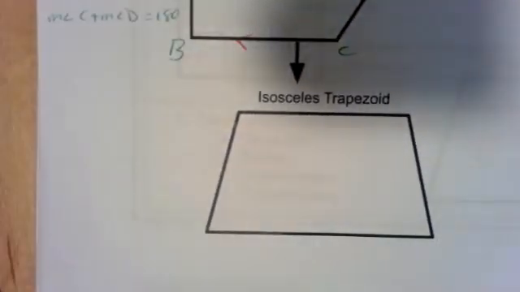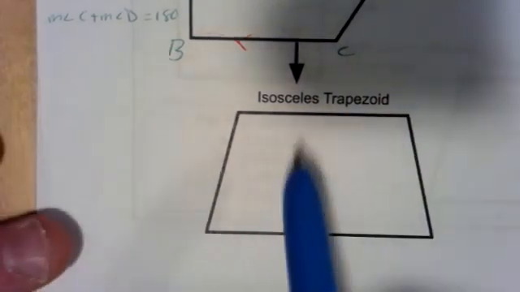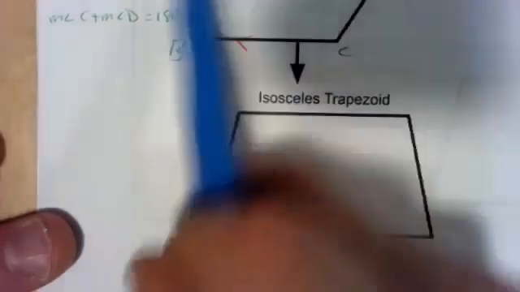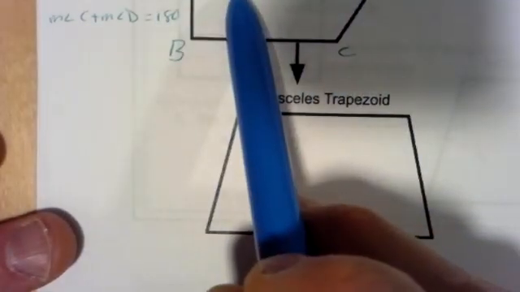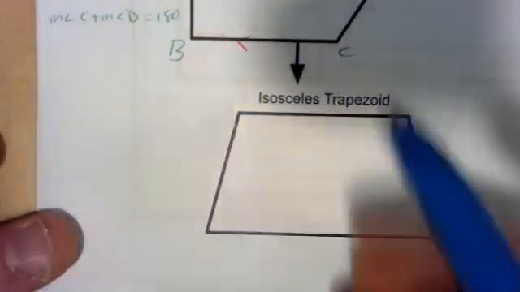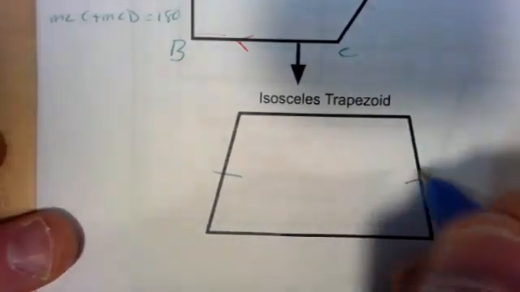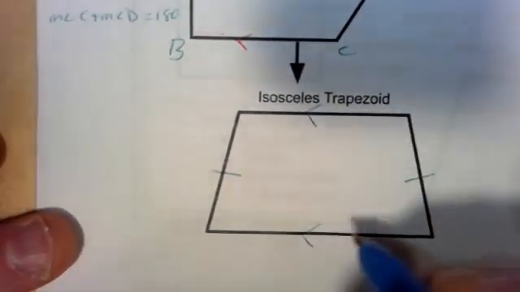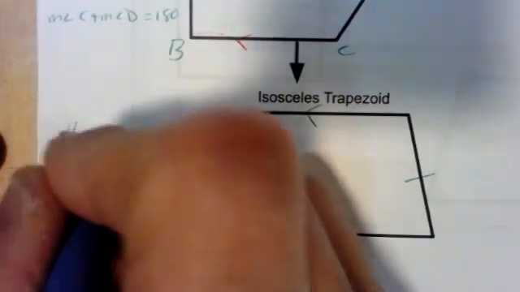Our isosceles trapezoid gets a little bit more complicated. For the isosceles trapezoid, all of the same things for the trapezoid apply, and we add to that congruent legs and parallel sides.